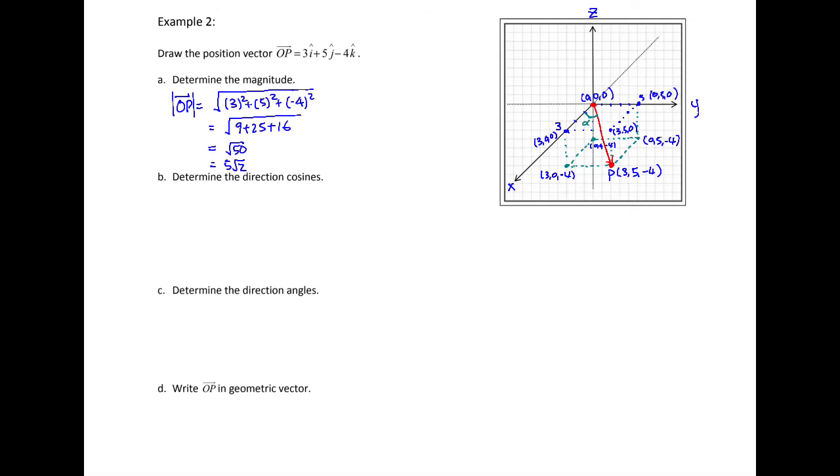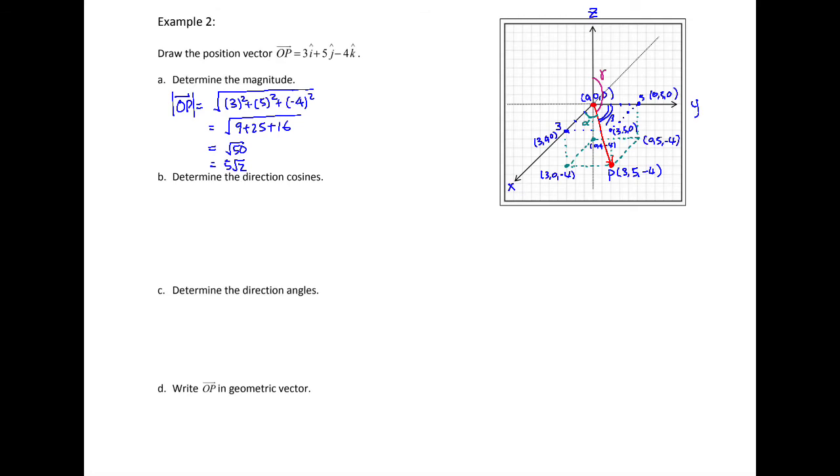Beta is the angle from the positive y-axis to the vector OP. And gamma is the angle from the positive z-axis to our vector OP.